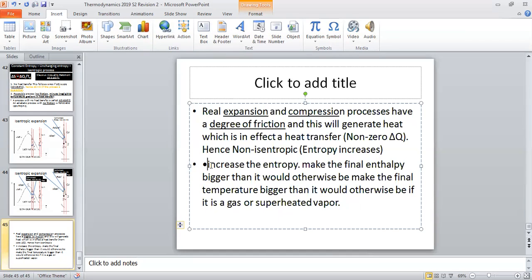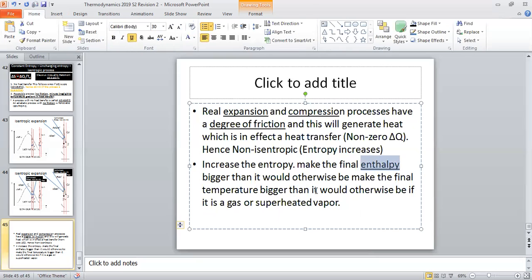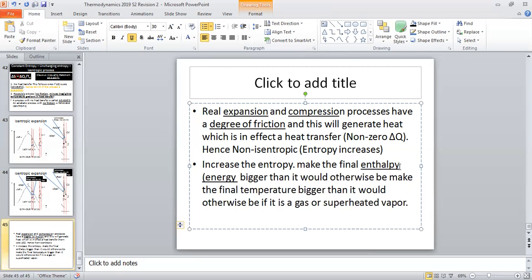Then the situation is this increase in entropy makes the final enthalpy, so later we will look into this, the energy level bigger than it would be.